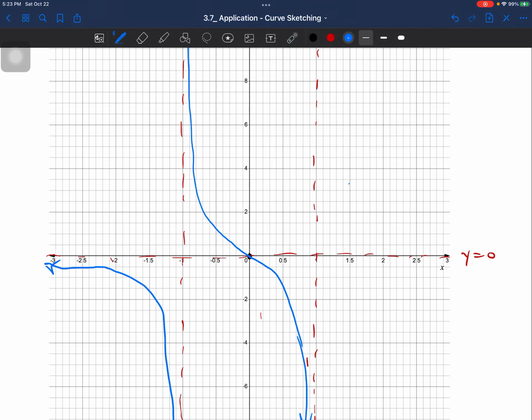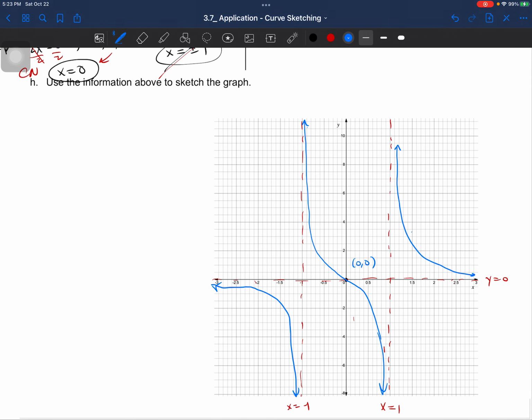So this is decreasing and concave up. If we put it over here, this is increasing and concave down, so that's actually the opposite. So that means that our graph is going to look like this. There you go. And we want to label our most important point.